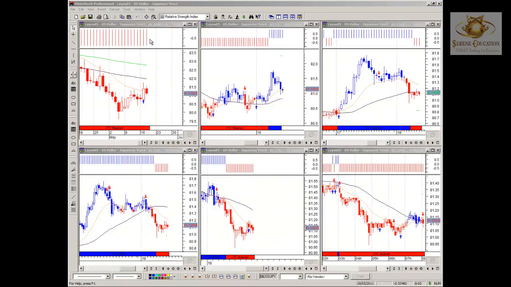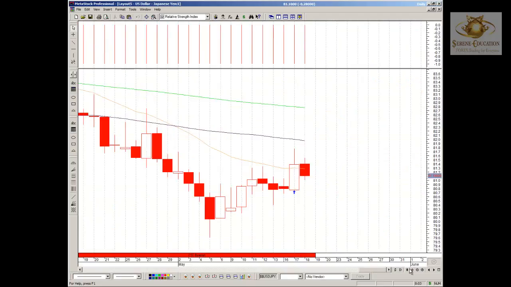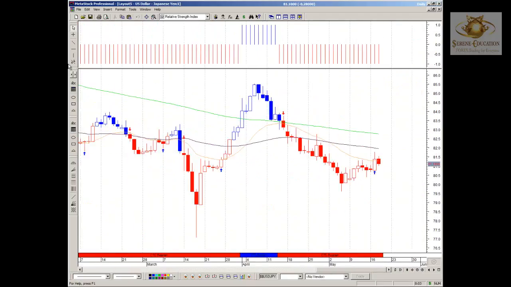Next up is the last pair of the day, the US dollar against the Japanese yen. Let's have a look at the daily time frame. You can see the extension, the US dollar yesterday giving us that up candle, creating a new swing high, and then coming into contact with a prior resistance level.